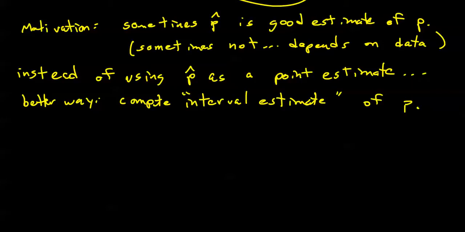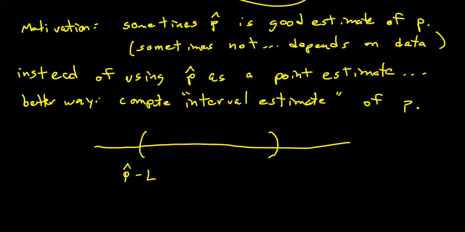What I'm going to do is construct a range of values, an interval of numbers on our real number line, and I'm going to construct it in this fashion. I'm going to take my p hat and subtract a quantity called cap E, that's our margin of error. We'll get to that in a minute. I'll then create the high end of my interval estimate, p hat plus E, again cap E for our margin of error.